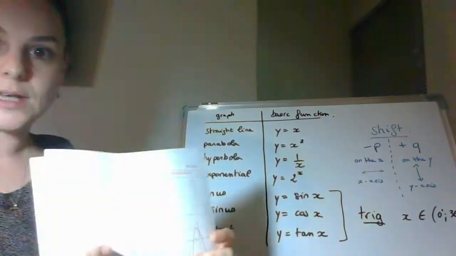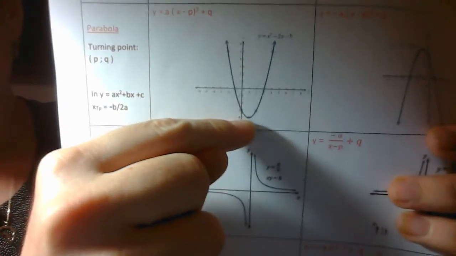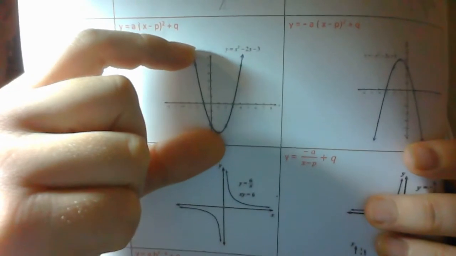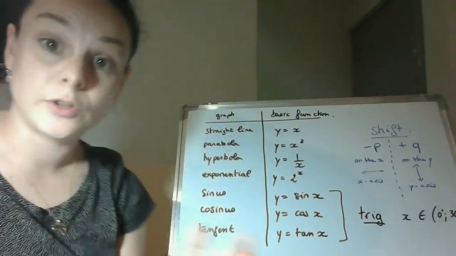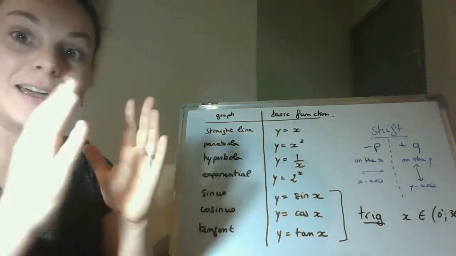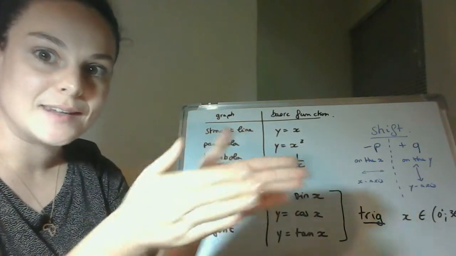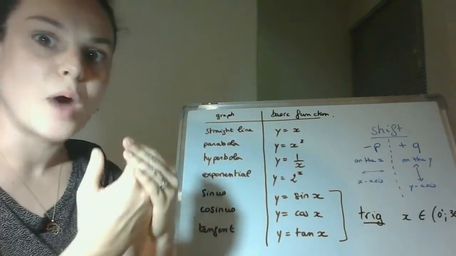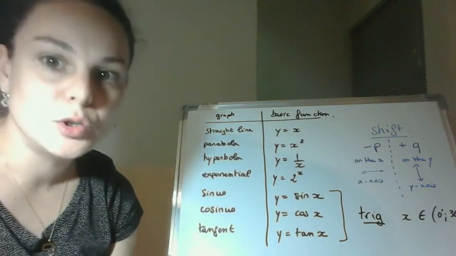So if I take that same parabola here, this one is already, as you can see, shifted down. But if I change the q value and I make it positive, I'm going to shift that whole graph up. So x is on the x-axis, shifted right and left by the p value. On the y-axis, shifted up or down by the q value.